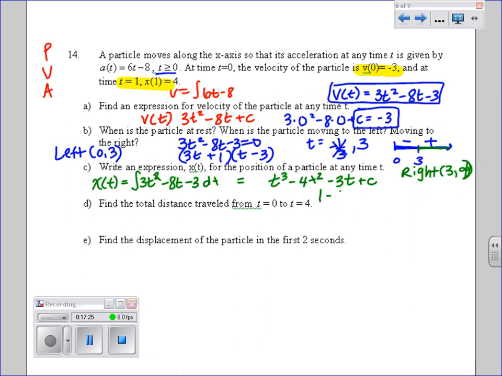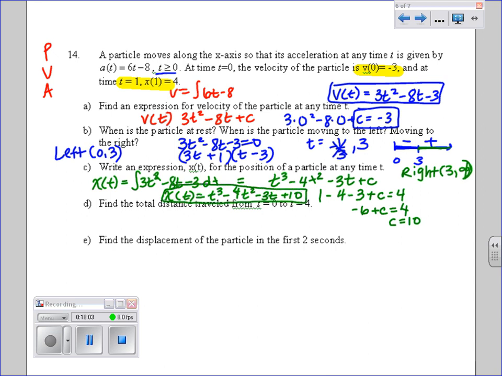So 1 minus 4 minus 3 plus c should be 4, and so we get negative 6 plus c equals 4, so c equals 10. So your position equation is t cubed minus 4t squared minus 3t plus 10.